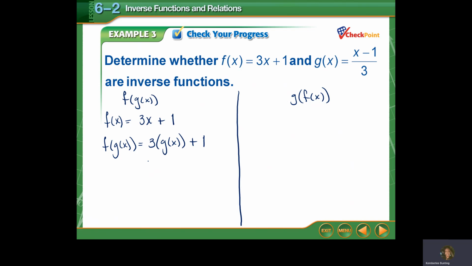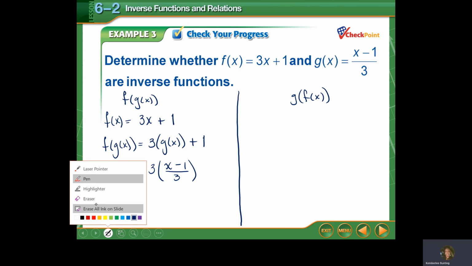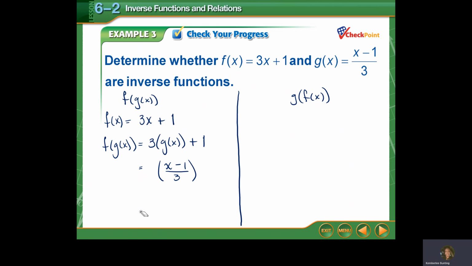All right. Many of you were able to get to this point where you would replace g of x with its equivalent, which is x minus 1 over 3. Some of y'all were writing your 3's so big that it's not obvious what you should do with it. It looks like you should multiply the 3's together. That is so wrong.